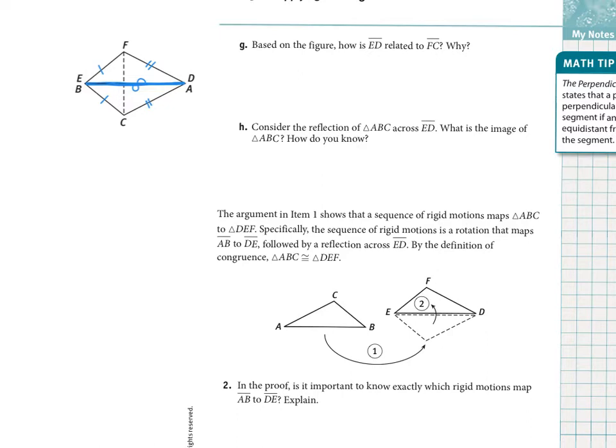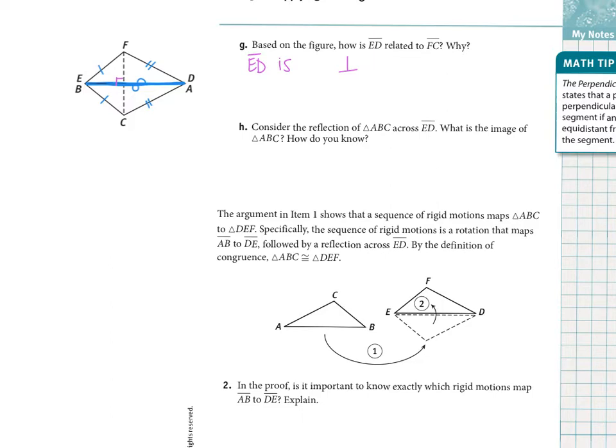Well, looking at this picture, doesn't this look like it creates a 90-degree angle? So doesn't it look like ED is perpendicular? So it looks like ED is perpendicular to FC. But here's something else we're also going to notice, right?